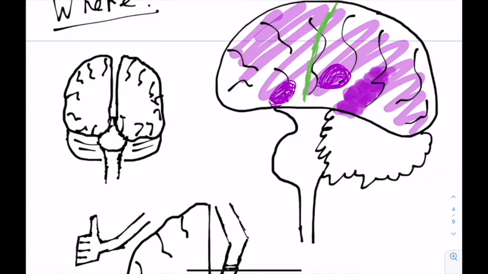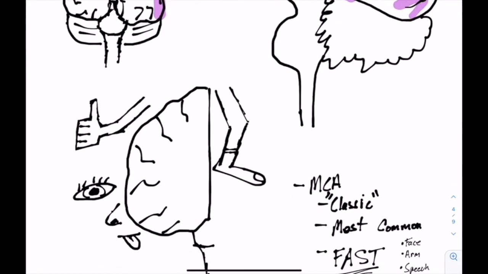It's also important to remember that the MCA is only feeding this part of the brain and not this part. So your MCA supplies blood to right here, and this area includes your face and your arm. So really just your upper extremity, trunk, and face are what's being fed by the motor and sensory portions of where the MCA sits. So that's why when we say face, arm, speech, it's face and arm.